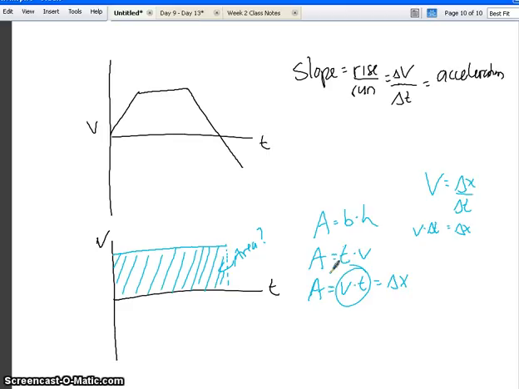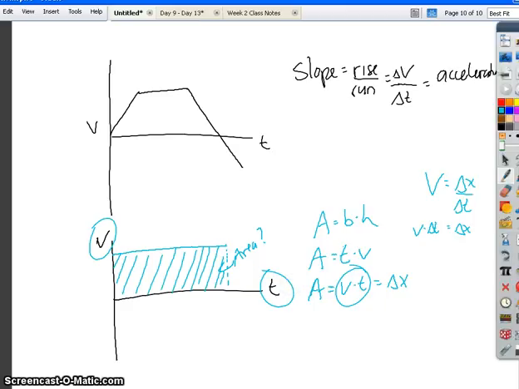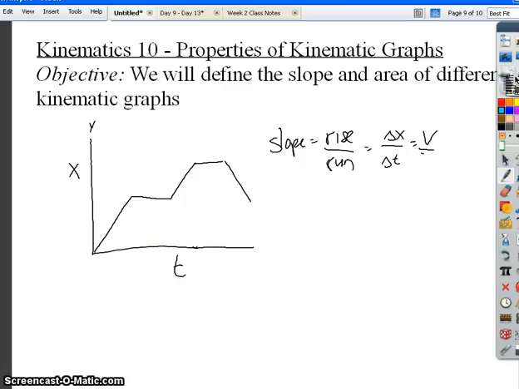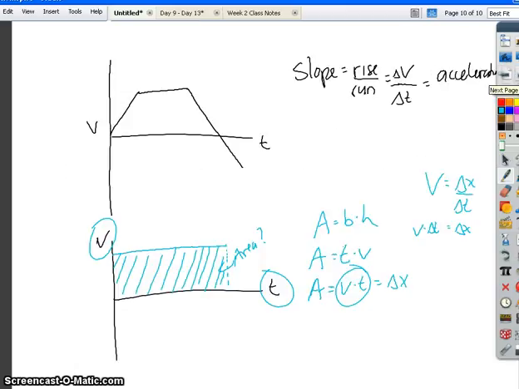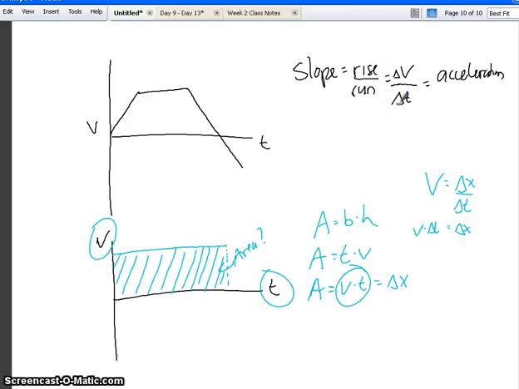The area under a velocity time graph is equal to the displacement. So instead of taking the slope like we did over here, the area is equal to the base times the height, or the v times t, not v divided by t. If we look at this shape right here, it's the same concept.